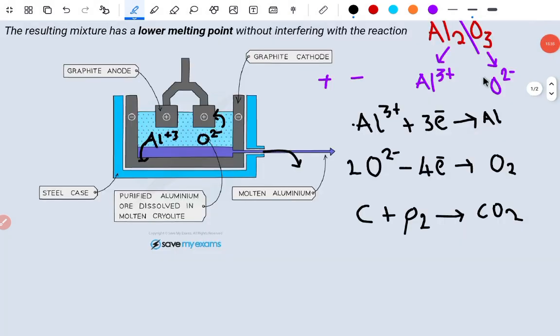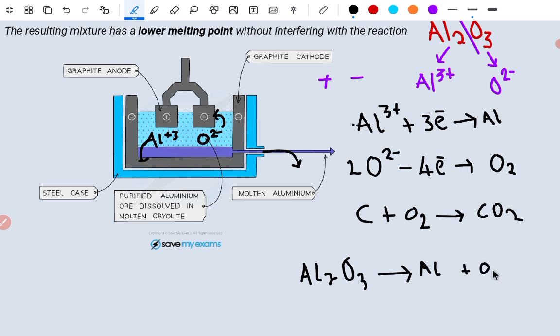So now the overall reaction. We started with bauxite, aluminium oxide, Al2O3, and for the end products, we're just going to pick aluminium and oxygen. Aluminium plus oxygen.